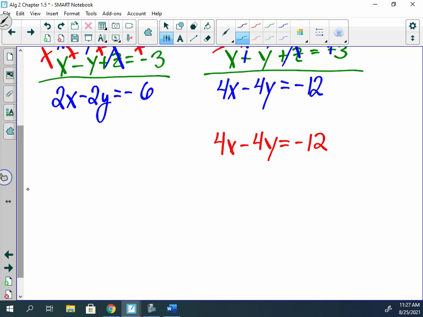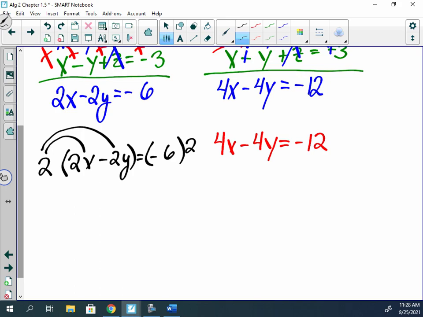So what do I need to multiply 2x minus 2y equals negative 6 by to give us 4x? 2, yes? Some of y'all might see what's going to happen here. Well, 2 times 2x is 4x. 2 times negative 2y is going to be negative 4y equals negative 12.